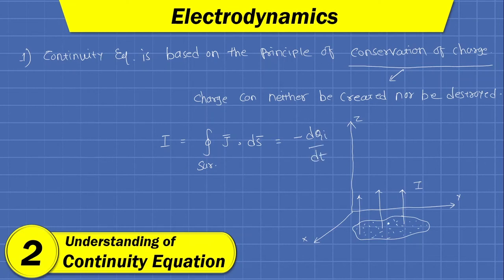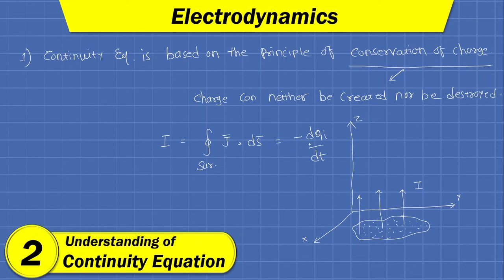If a current I is passing through this surface, then this current can be imagined as the decrement of charge constituted by this closed surface. Fine. So this decrement is denoted by negative dqi by dt. Here qi is the charge enclosed by this closed surface, and the negative sign indicates the decrement in this charge.